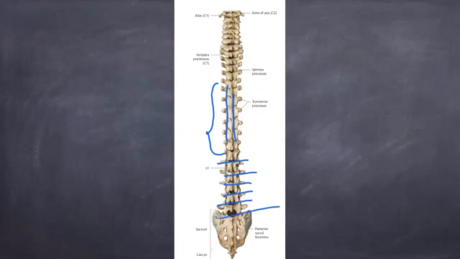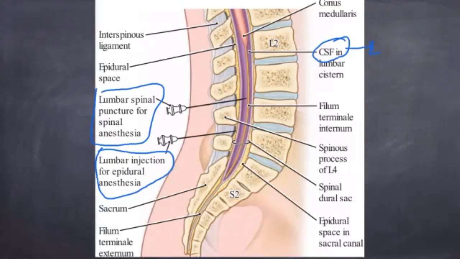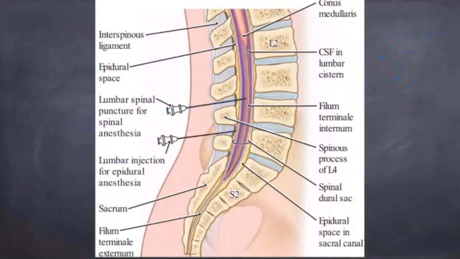So lumbar spinal puncture is used for spinal anesthesia, lumbar injection for epidural anesthesia, and if you want to extract CSF for analysis, you have to do a lumbar puncture, right? The spinal cord space and the epidural space can be easily accessed through these lumbar gaps in the posterior bony wall of the lumbar vertebra.